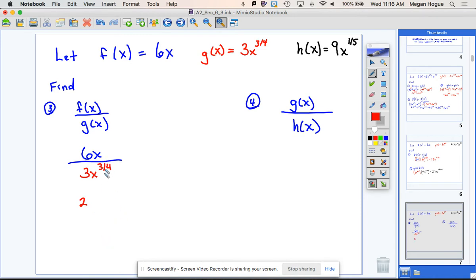Kyle Rubio, you remember what I do with the x's? You subtract. So division, we subtract the exponents. So in our calculators, let's do 1 minus 3/4. Some of us might not need it. 1/4. And it's positive, so I put it on the top. So 2x to the 1/4.